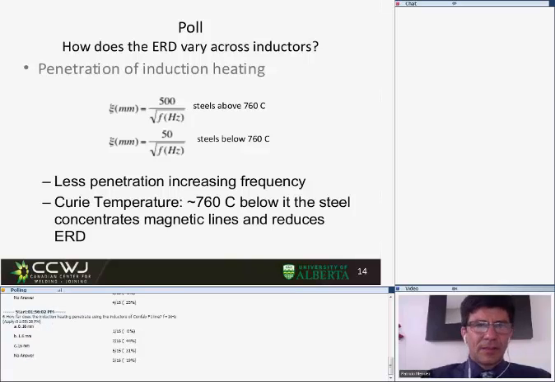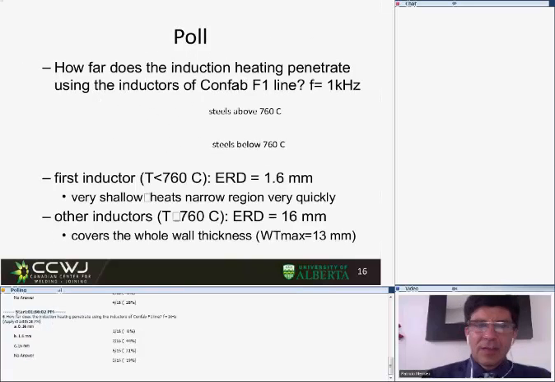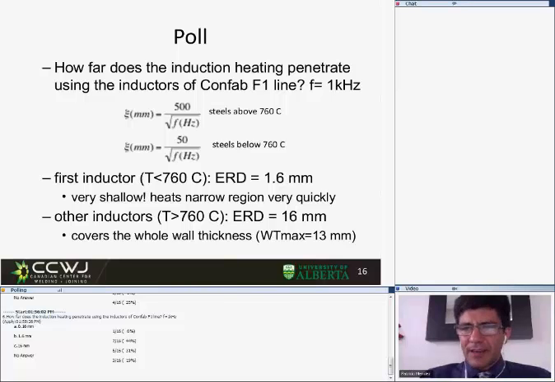All right, great. So what do we get? We have again a fairly even split between B, that is 1.6 millimeters, and C, 16 millimeters. And so actually the real answer to this question is not A, B, or C. This actually is, what inductor are you talking about?